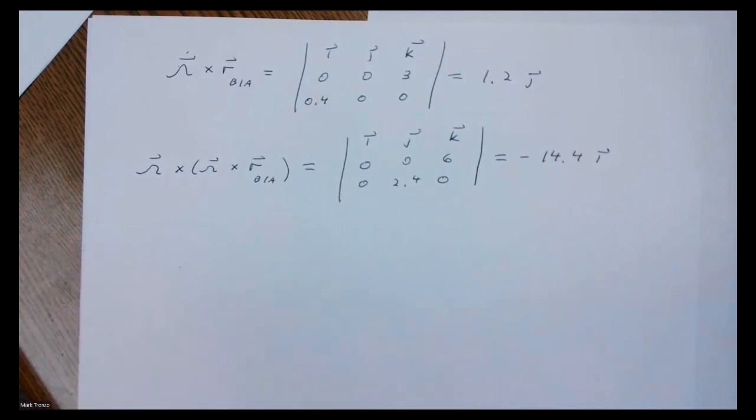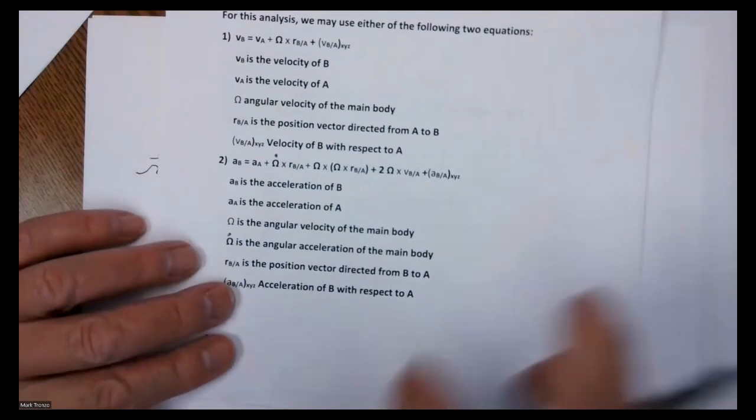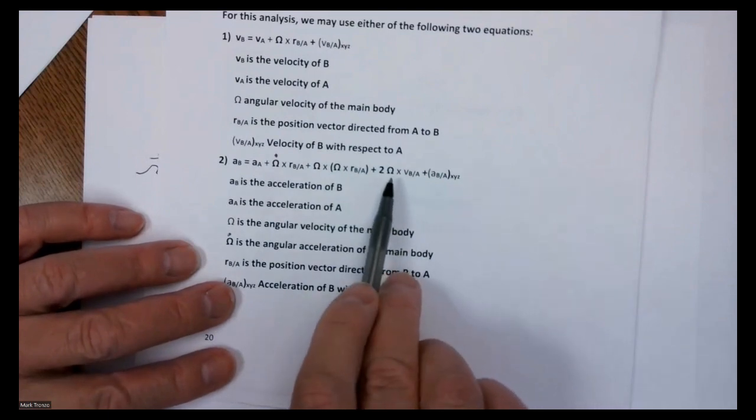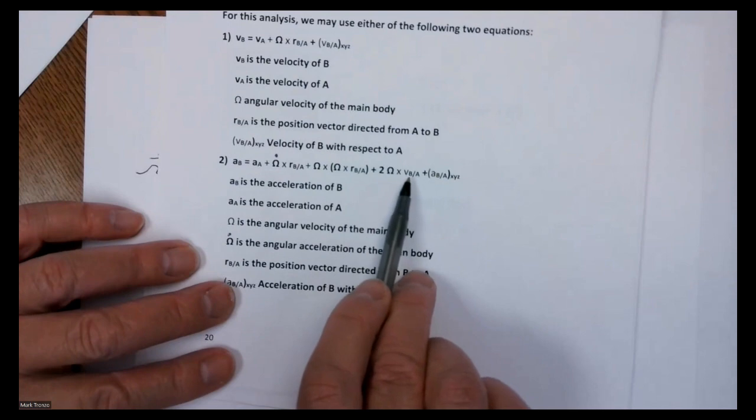Finally, we're going to need this quantity here, omega cross VBA.